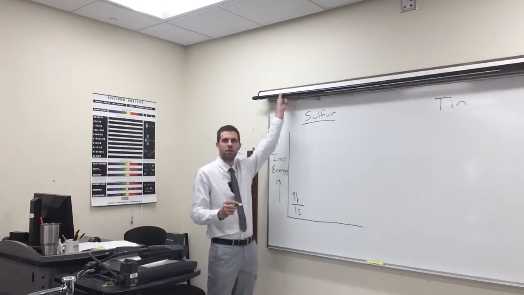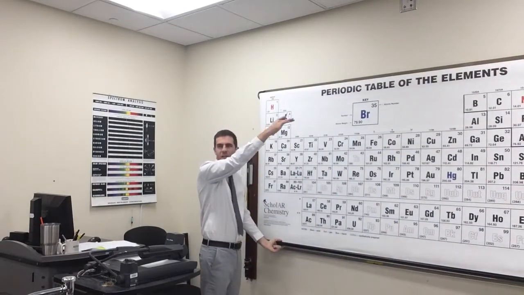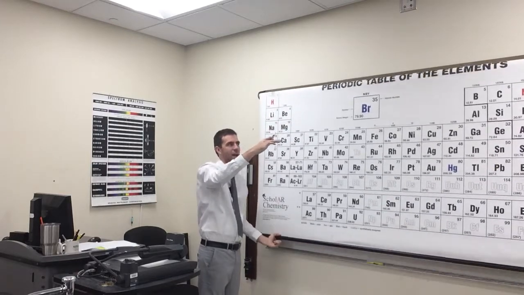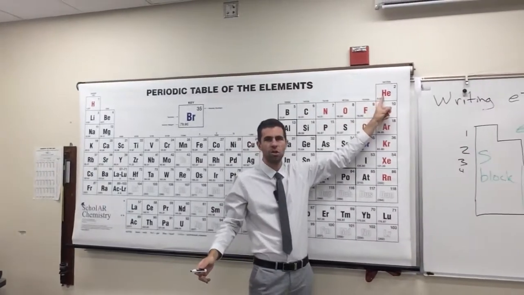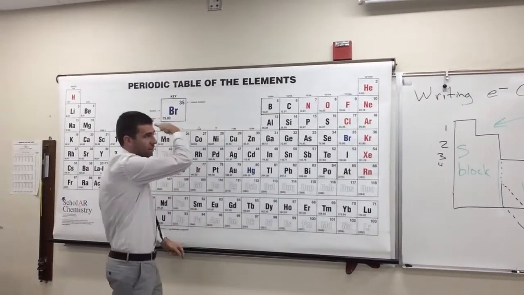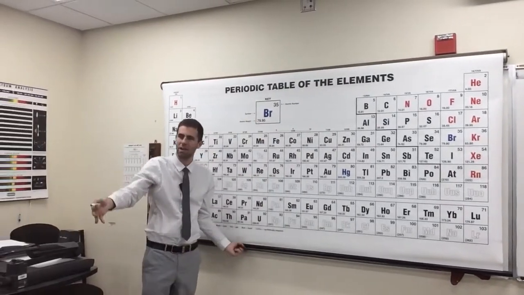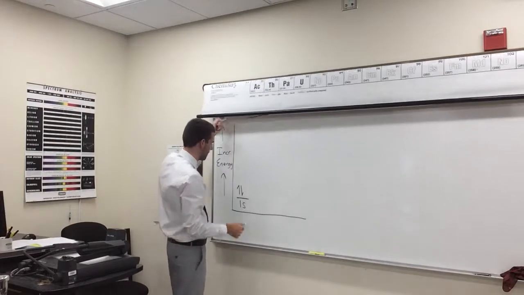Well, let's look here. On 1s, how many elements can we count over? 1, 2, right? So there are 2 elements in the row. There are 2 electrons we can fit in 1s, right?